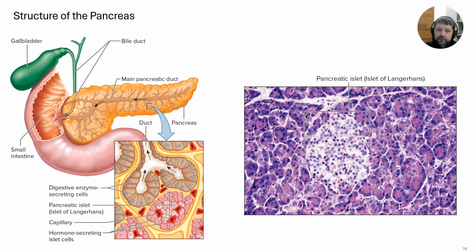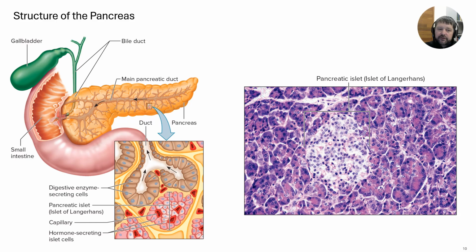So here's looking at the pancreas, okay, pancreatic duct. So remember, it's going to help with using material from the gallbladder and material from the islets of Langerhans to produce material that helps digest the bolus that's coming from the stomach into the small intestine.